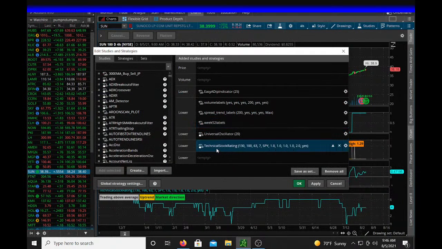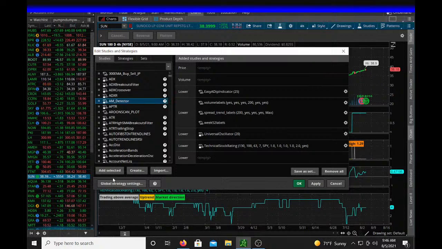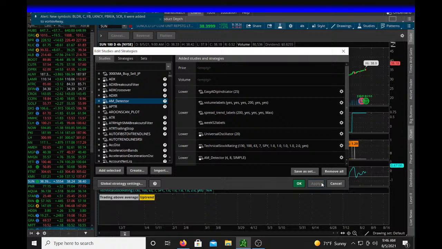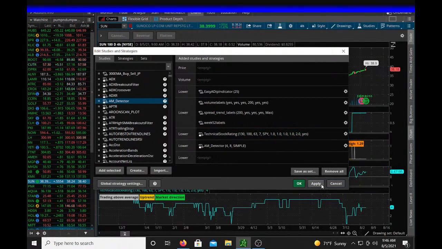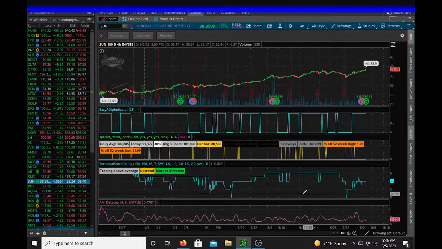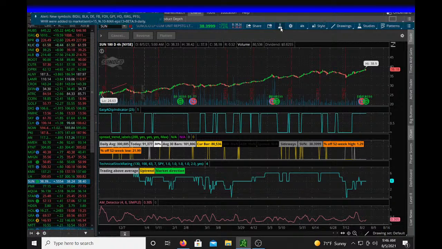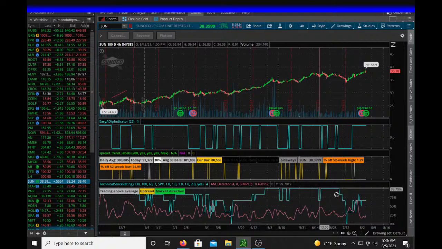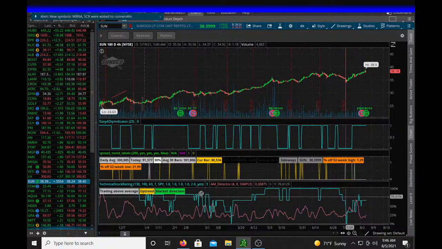So technical stock rating, eh? AM detector, eh? This universal oscillator, eh? Okay. Let's slap that over there. All right.